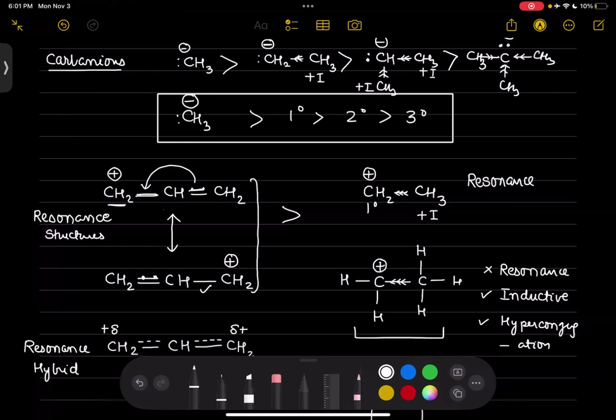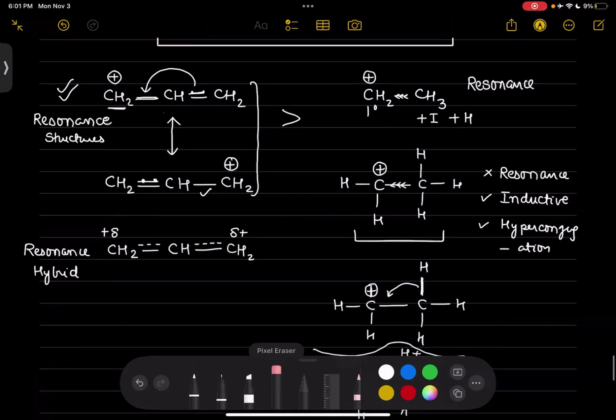Is it clear? Plus I plus H. So the first one is the more stable cation. It is the resonance stabilized cation. Clear?